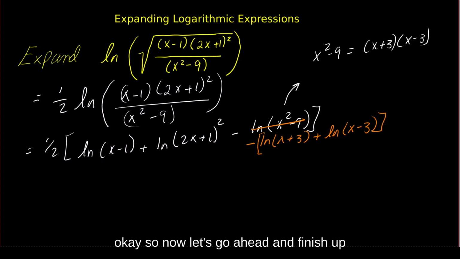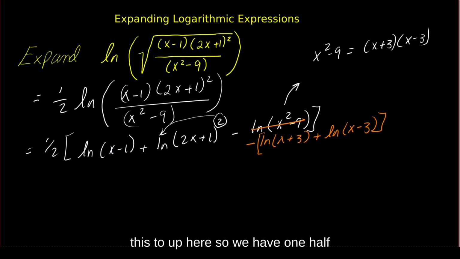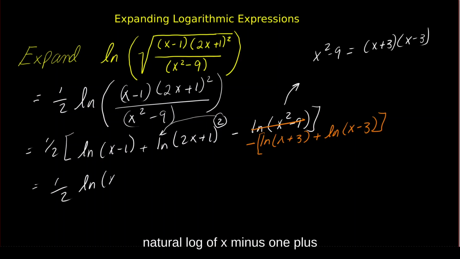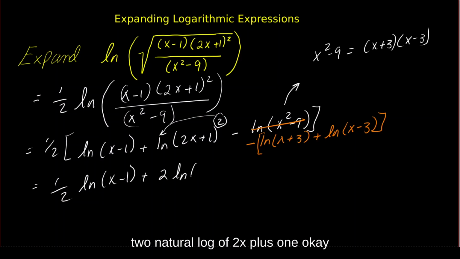Okay, so now let's go ahead and finish up, because I can bring this 2 up here. So we have 1/2 natural log of x minus 1 plus 2 natural log of 2x plus 1.